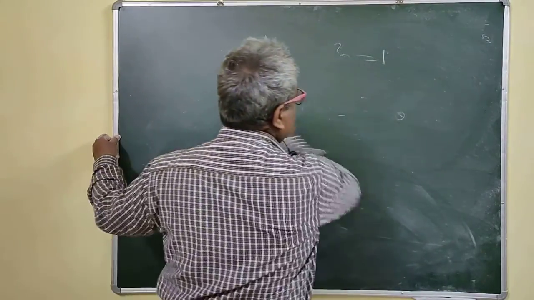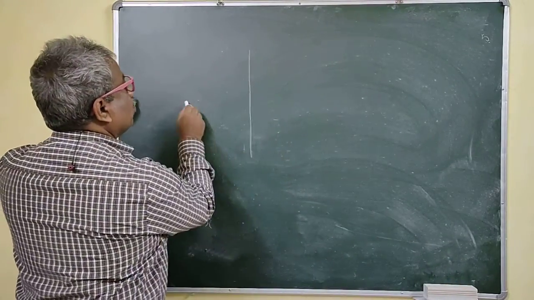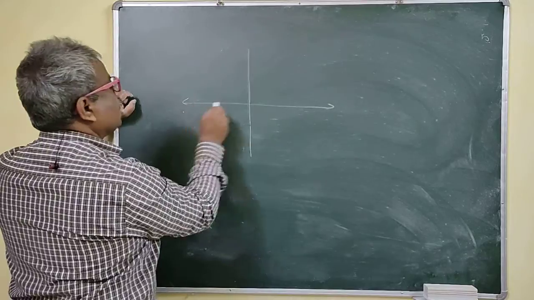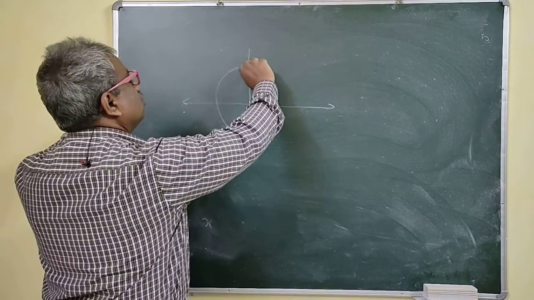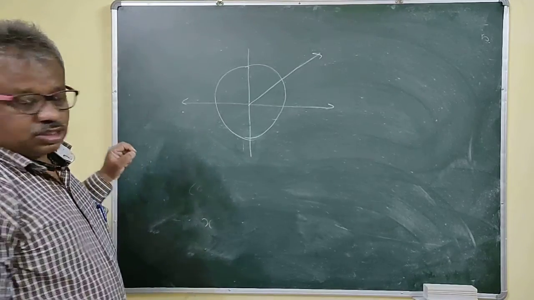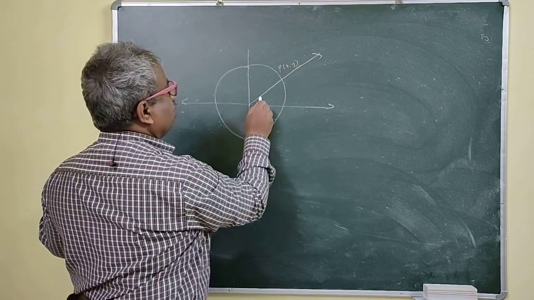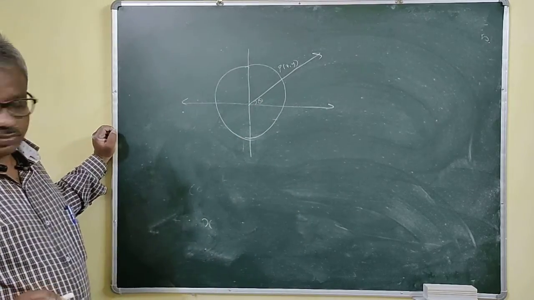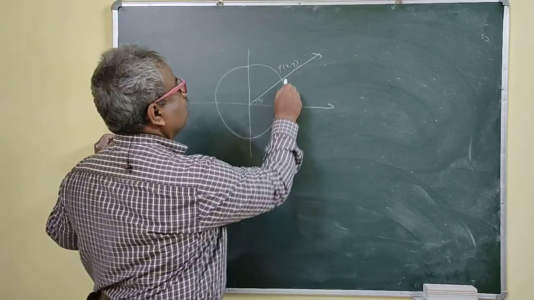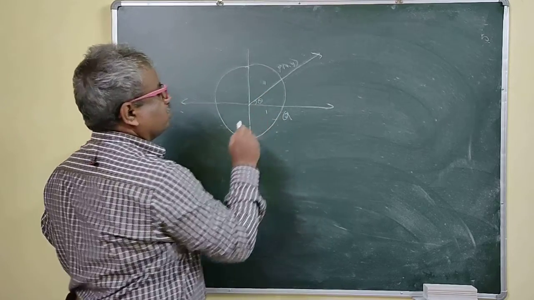Now we will consider a standard unit circle. This is the standard unit circle, with point P(x, y). Suppose this angle is theta. Right? Suppose this is PQ, and suppose the radius is 1.